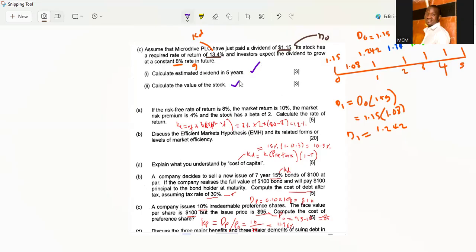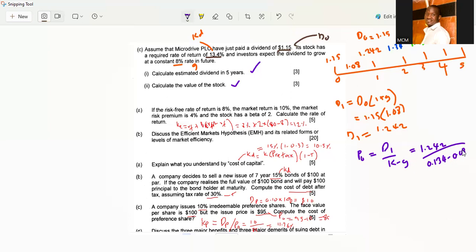Then what is the value of stock? What did you say is the computation for the value of stock? P0 is D1 over K minus G. On D1, you just calculated 1.242. Our market rate, our K, is 13.4, so 0.134. And the growth rate is 8%, 0.08.